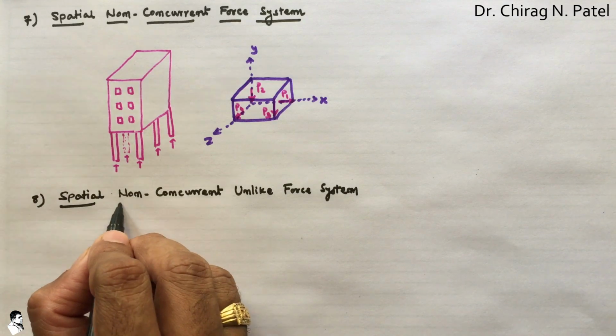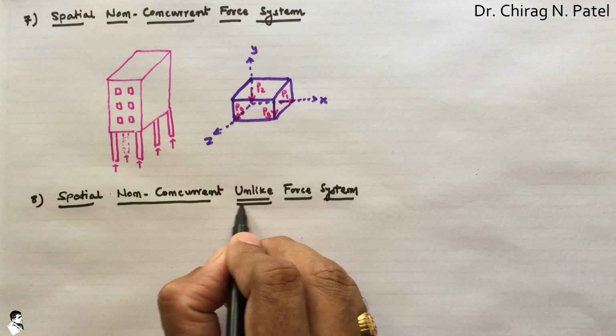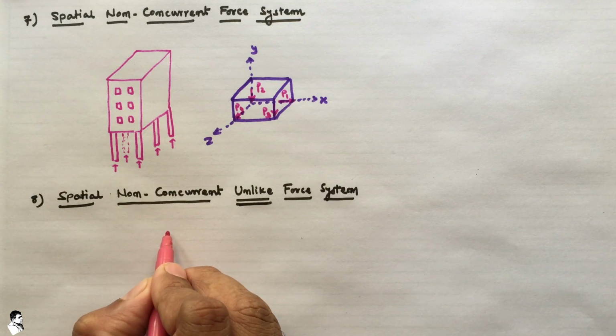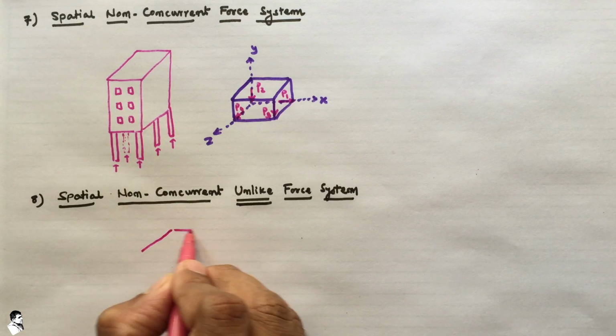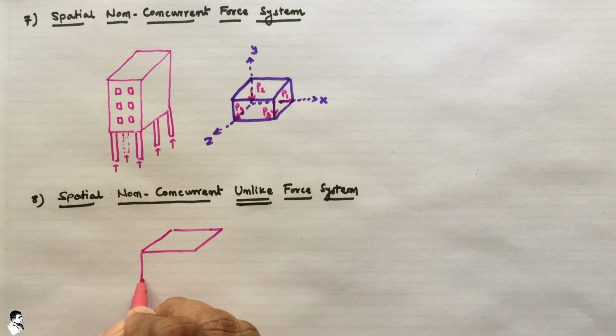Now in this system, comparing to the previous system, one word unlike is added. So in this system, forces are acting in a space. They are also parallel but in different direction. So here we take an example with a Cartesian system.